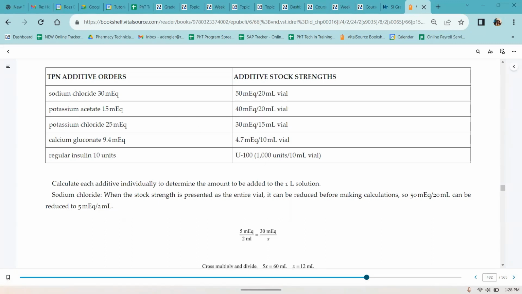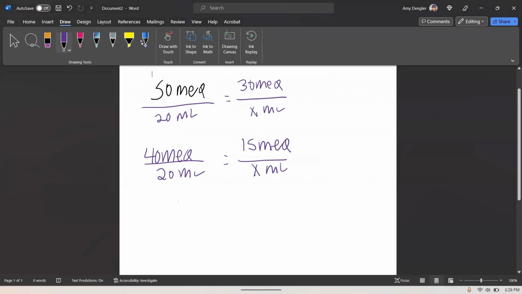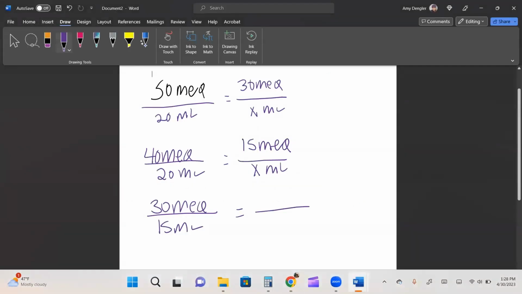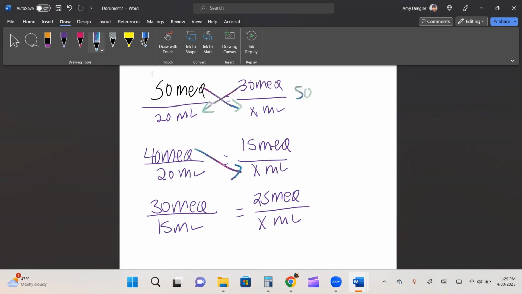It comes in 30 MEQ per 15 ml vial. And we are putting in 25. So this is the last one I'm going to write out for you. You need to do this for all of the different ones. Remember that when you're solving for X, so 50X is equal to 30 times 20. And you should by now know how to do this.